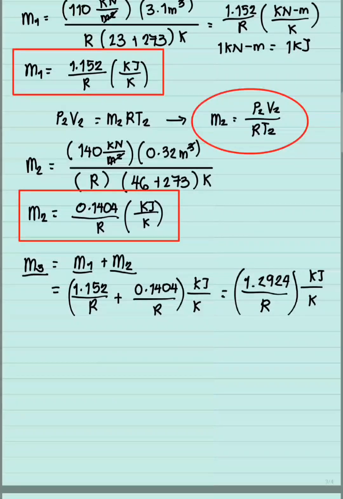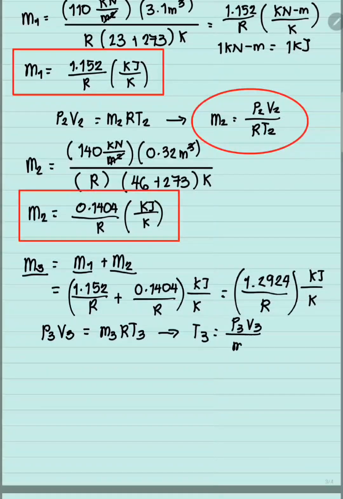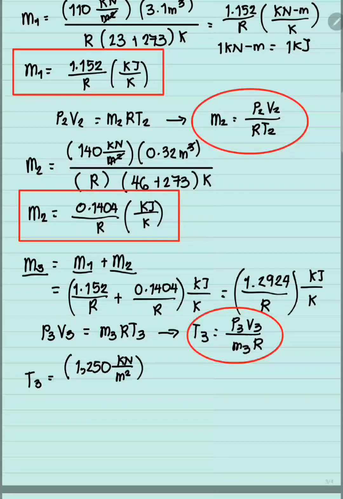We can get the final temperature by using the ideal gas equation again. P3V3 is equal to M3RT3. We can make it T3 is equal to P3V3 over M3R. We will utilize this formula. So we have T3 is equal to, we have our pressure which is 1,250 kilopascal or kilonewton over square meter.